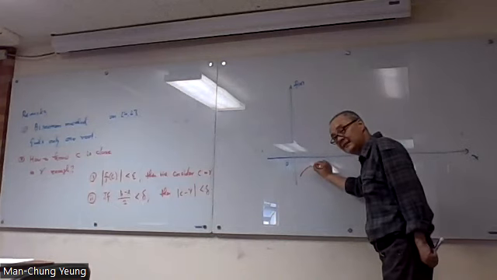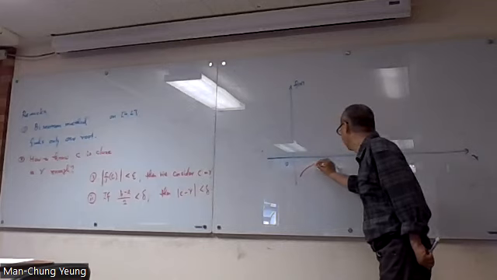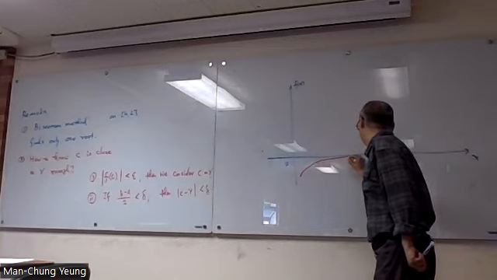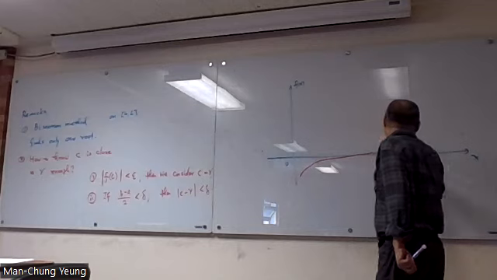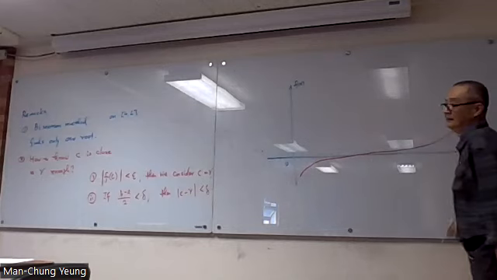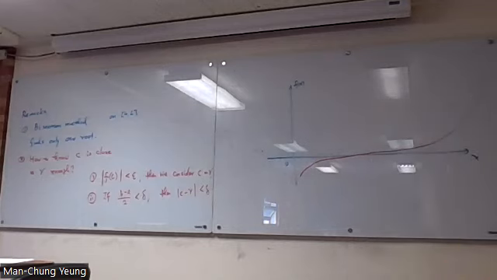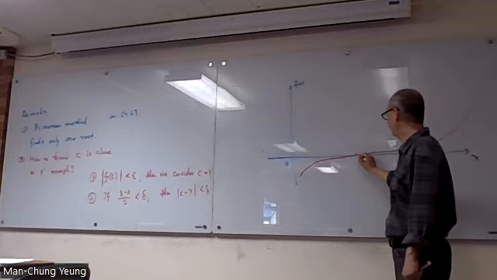Close to the x-axis, the graph is flat, and the root is out here.